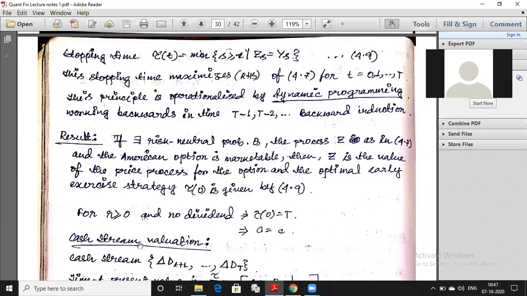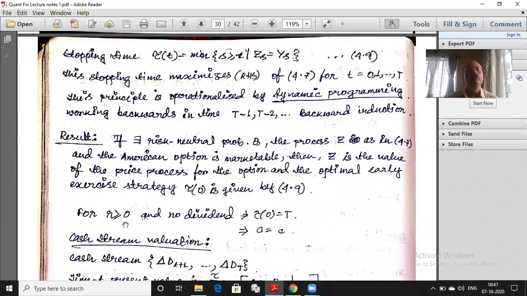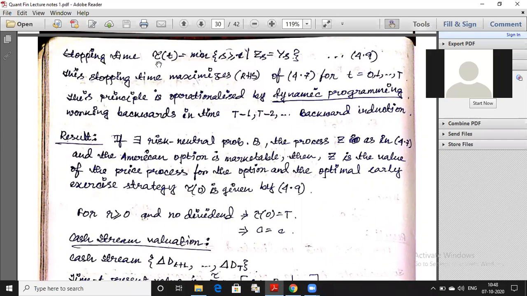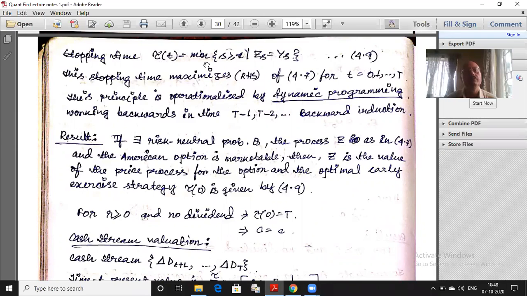So what is my stopping time for the American option? The stopping time for my American option is tau of t. So starting from t, I find the stopping time tau, which is the first time after t that Zs becomes equal to Ys. So it is the first time when Zs equals Ys, which means from t up to s, it was always greater than or equal to, so in some cases it might be strictly greater. So S is the first time when the actual equality occurs.